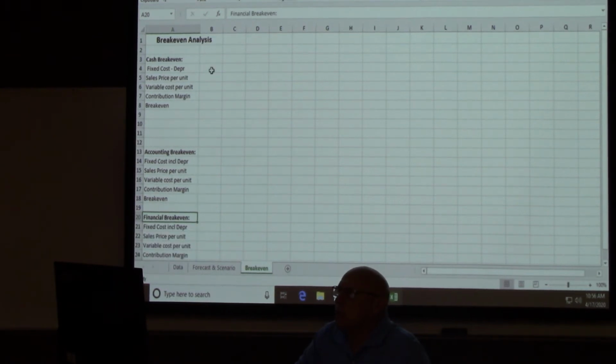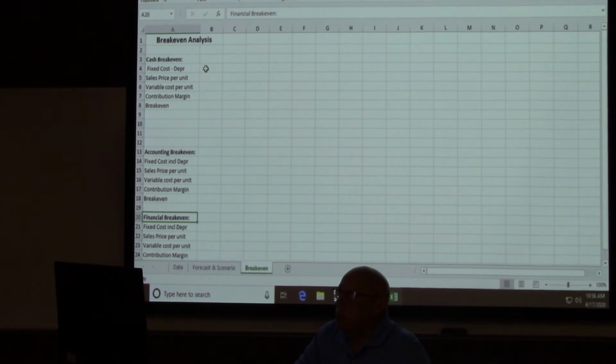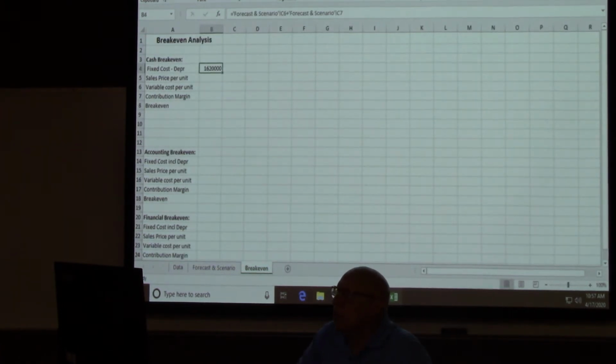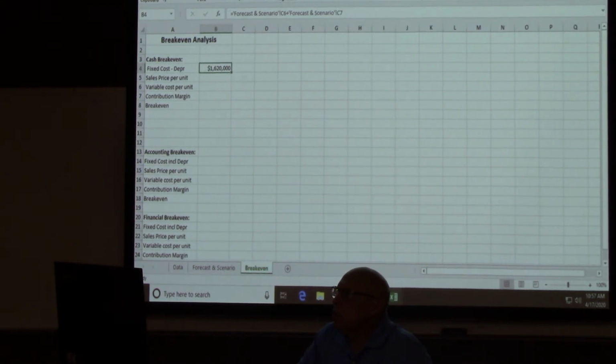That ought to be good. So we're going to put equals this plus this, and then make it a currency, take the 2 off, and center it, and we'll put that there.